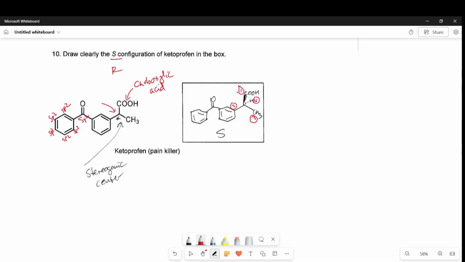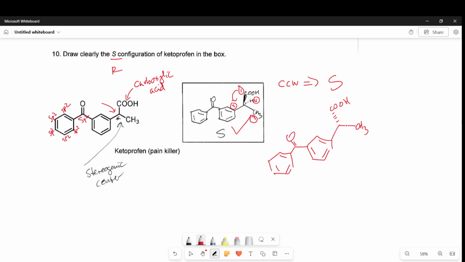So if you go from 1 to 2, that is counterclockwise. Counterclockwise is an S configuration. Okay, that's right. So the R configuration would be just the mirror image of that. If you were to draw the R configuration, you just draw something like this, where the COOH, the carboxyl group, goes back.